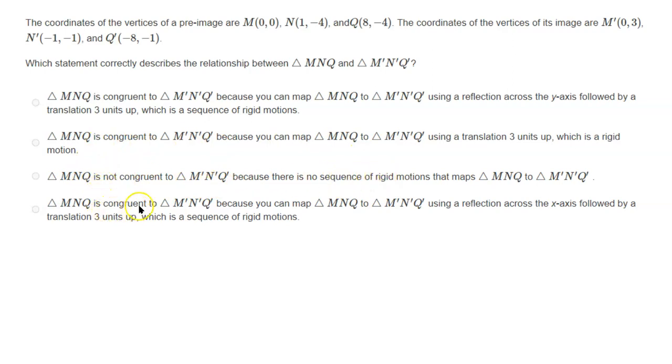Or maybe they are congruent because we used reflection across the x-axis followed by a translation 3 units up, which is a sequence of rigid motion.